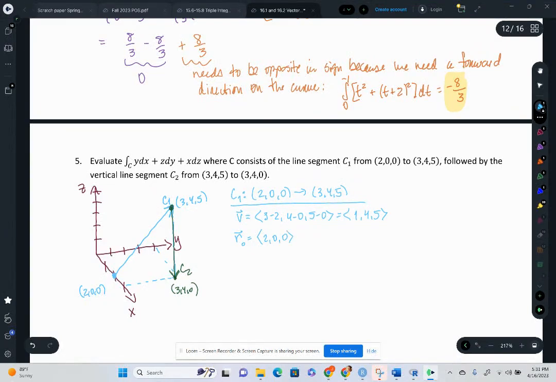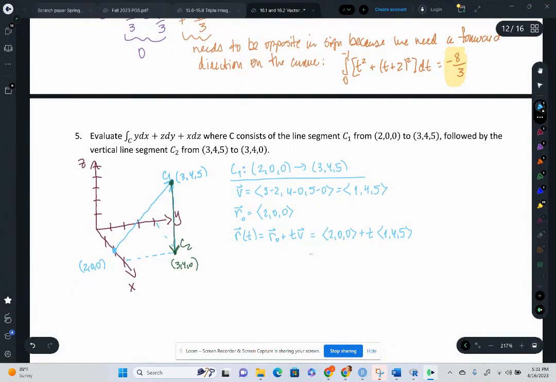And then we can come up with a vector function of the line segment. R of t will be, remember, R naught plus tV. So this gives me 2, 0, 0 plus t times my V, 1, 4, 5. And this simplifies to be 2 plus t, 4t, and 5t. And with any line segment, the t values go from 0 to 1.